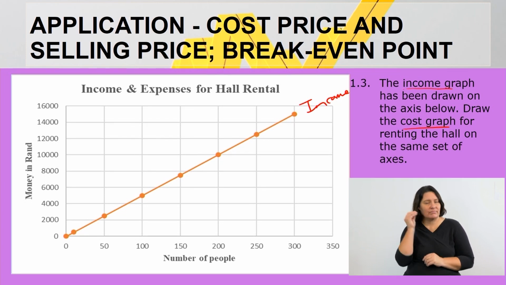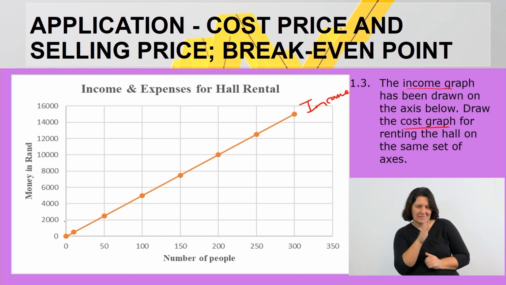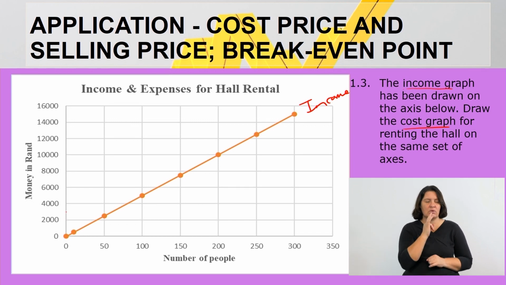Now it's important to note that, remember we said it doesn't matter whether she is going to invite 50, 100, 150, or 500 people for that matter. Her cost will remain the same as 3,600 Rand. So therefore I go now to my y-axis where we see money in Rand, and I will look for 3,600. So here's 0. So 2,000, 3,000 will be more or less there in the middle.